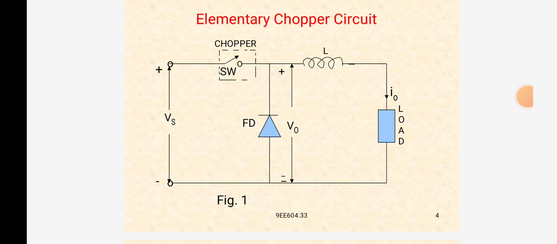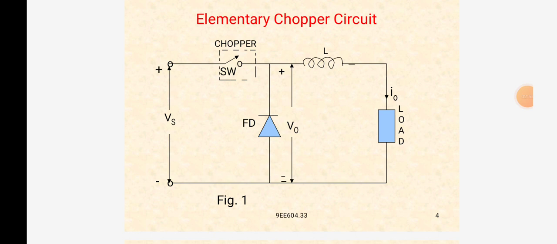The chopper works like a switch and it is connected with a freewheeling diode. The freewheeling diode bypasses the current. It has the output voltage and is connected to an inductance and the load, and the load current is I naught.